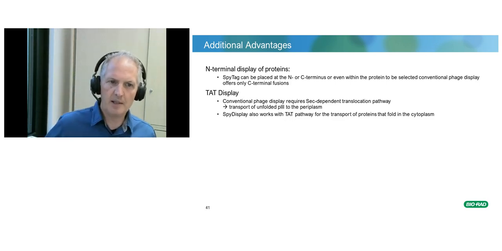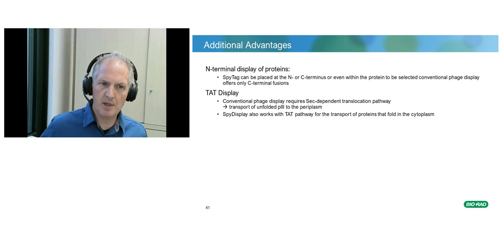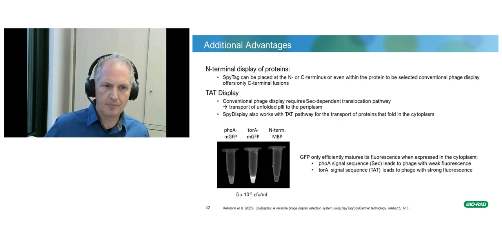For SpyDisplay, the P3 and the protein of interest are transported independently. So we can use the Sec pathway to transport the P3 into the periplasm and use the TAT pathway, which transports the folded protein to the periplasm, for the protein of interest. And then they ligate in the periplasm and then get displayed on the surface of the phage.